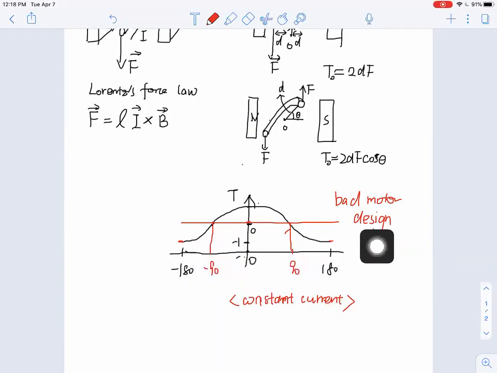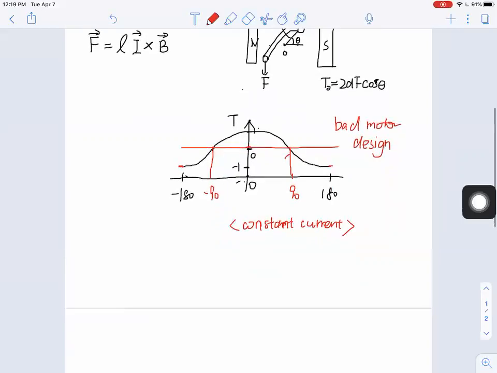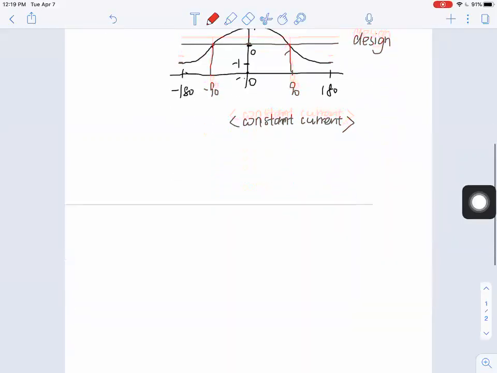If we want to get rid of the negative torque, one thing you probably thought of is we can switch the direction of current, right? If we can add a switch, once it rotates to negative 90 degrees, we switch the direction of current, so it will give us positive torque again. That's the first thing we can do.